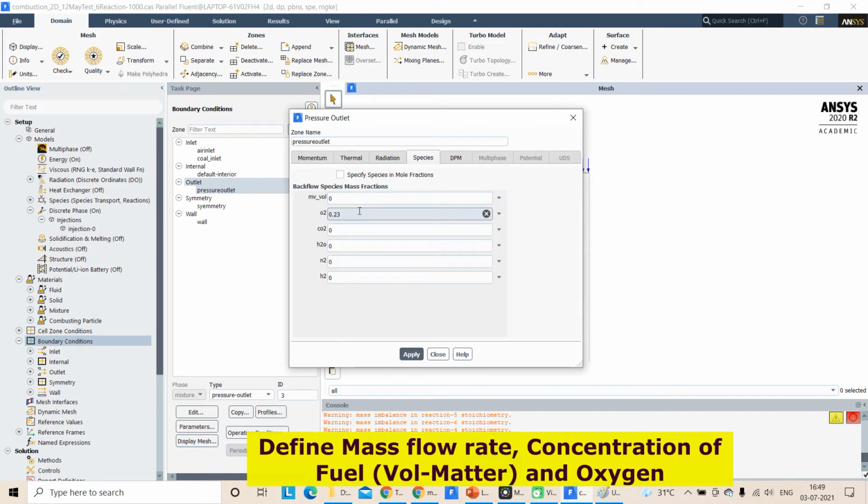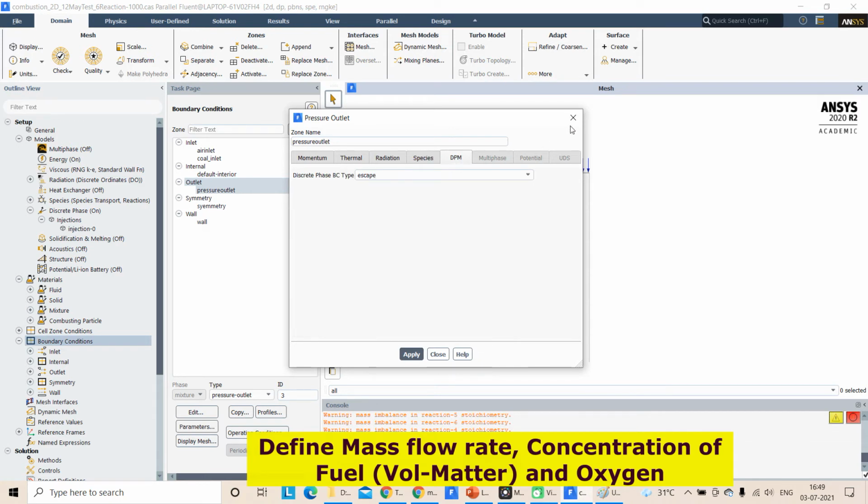And species oxygen is there. We can fix 0.23 as atmospheric air. It is not going to affect the flow. DPM you can use as escape. DPM is the discrete phase model that we will learn next lecture based on multi-phase flow.